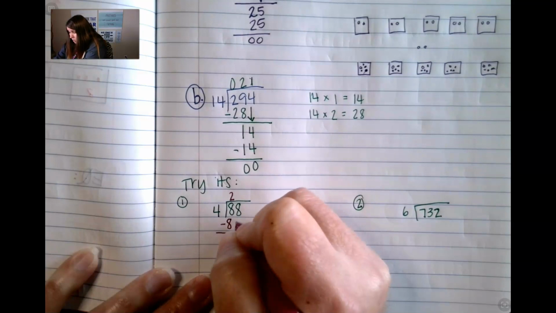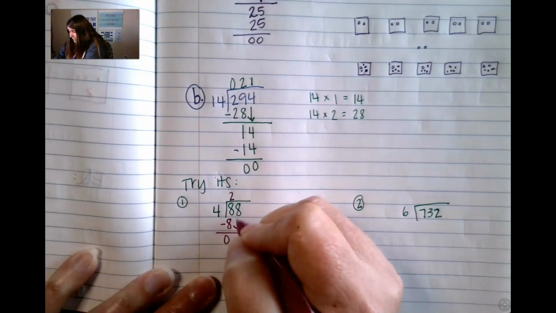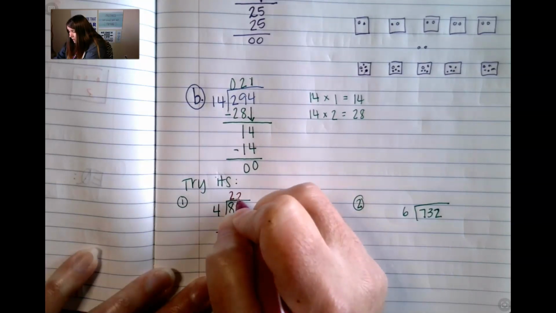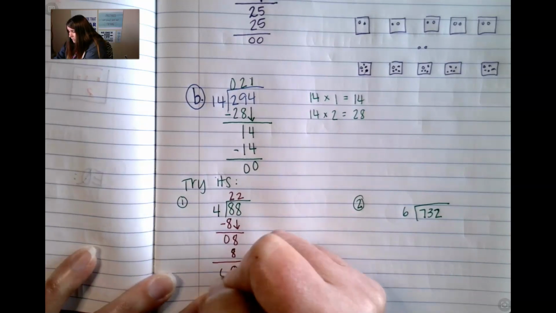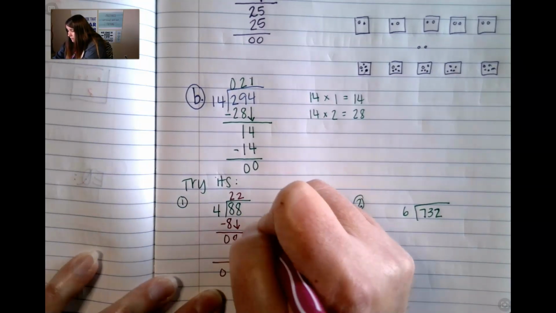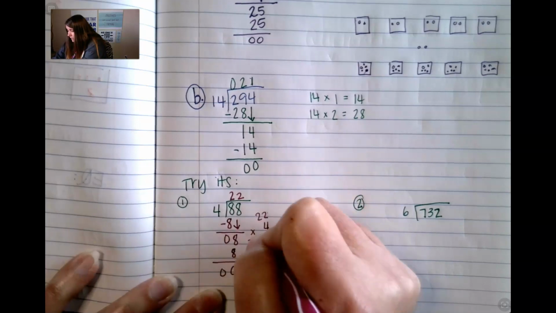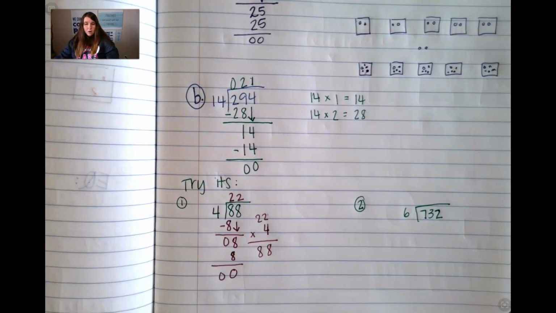Then I just drop down my next 8, and again that one is going to be 2. So that means 22. Now I can double check this. I'm going to say 22 times 4, and that gives me 88. So it checks out.